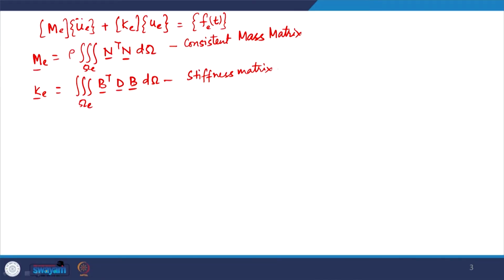The simplest dynamic system would involve some mechanism to store potential energy, which is represented by the stiffness matrix or the stiffness of the element, and some mechanism to store kinetic energy, which is represented by these inertia terms.